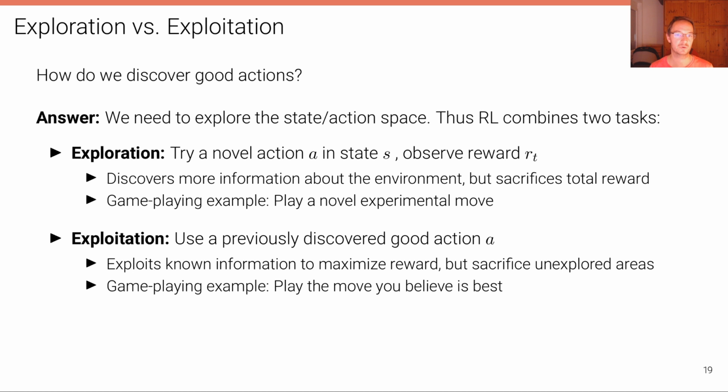If we only exploit, if we found a few actions that are good, but we haven't considered a huge part of the state space where maybe even higher rewards can be obtained, we are in a loop where we're just exploring that space that we know already, and we get only this small reward in a sense, right?